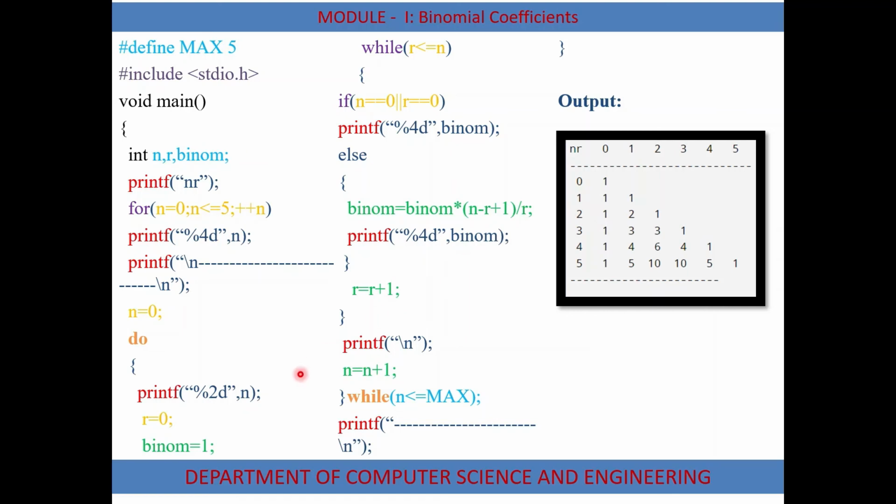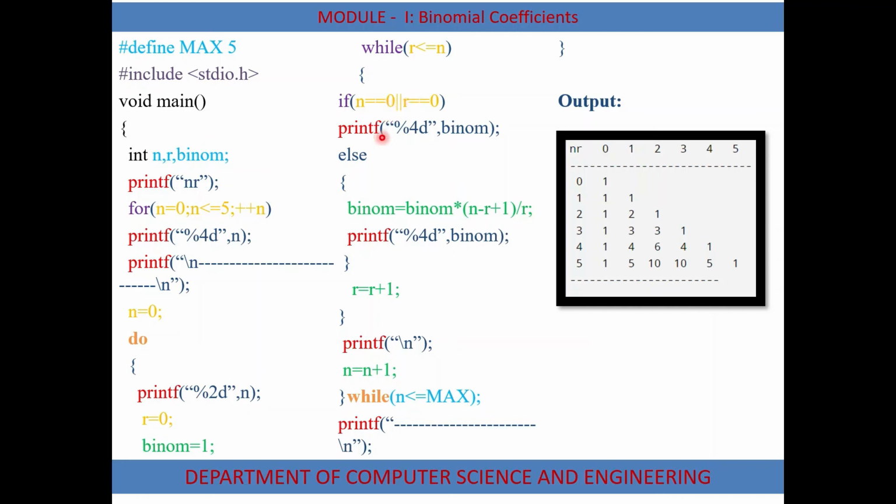Again, r equal to 0, binomial equal to 1. Now check the condition. r is 0, n is 2. Is 0 less than or equal to 2? Yes, so check the if condition. If n equals 0 or r equals 0, that is n is 2. Is 2 equal to 0? No, false.